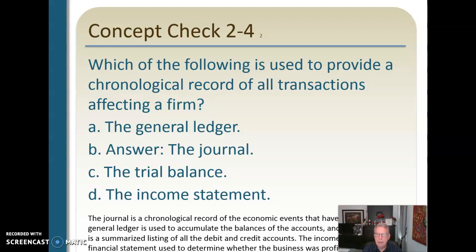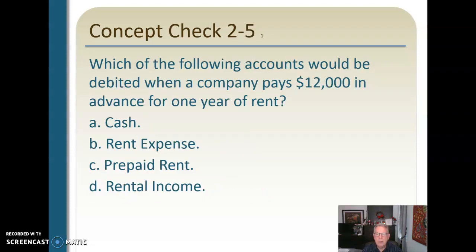In this case, the income statement is a financial statement used to determine whether a business makes a profit or not. I just showed you the general ledger, and the trial balance we haven't got to yet, but that's going to be a listing of all our accounts with their balances.